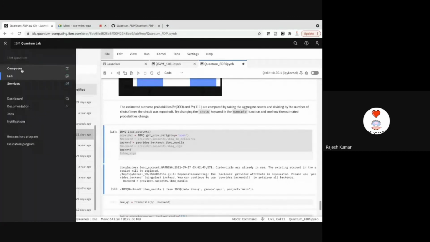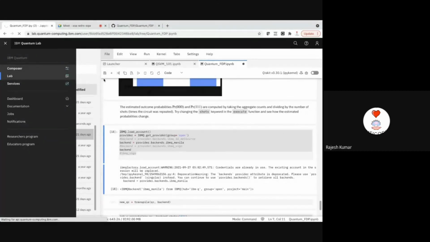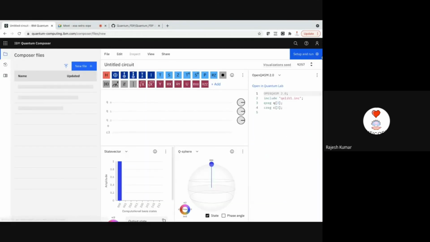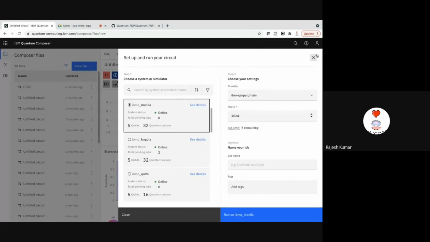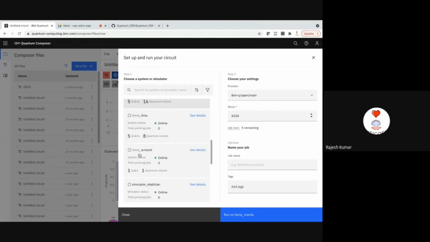Okay, and you will get the quantum computer details from this page itself. When you go to the composer and click here, setup and run, you will see this. Manila is a 5-qubit system, and there are various other data centers. I don't know where these all are.